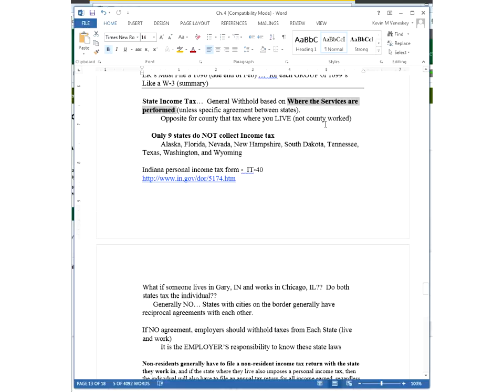You could easily live in Texas. Texas, as you'll see in this next little item here, is one of 9 states that does not have a state income tax. Indiana has one. It's relatively small. It's 3.4%, but that adds up. These states here don't have any taxes, Texas being one of them.